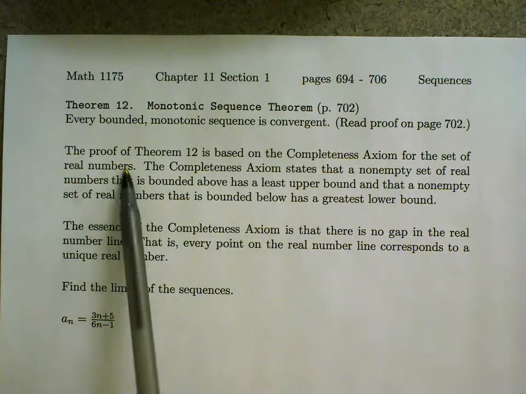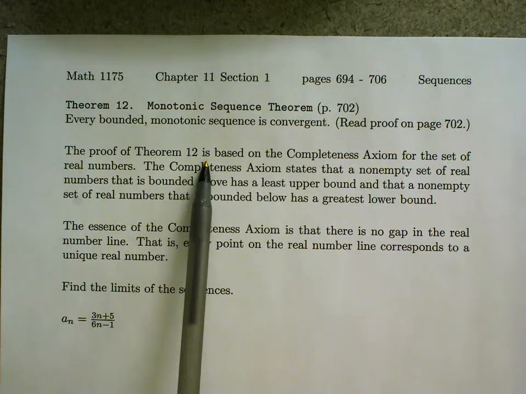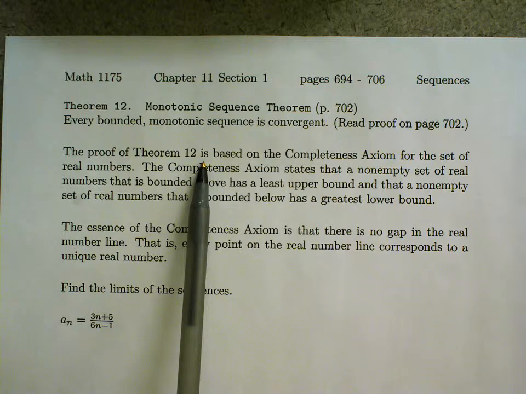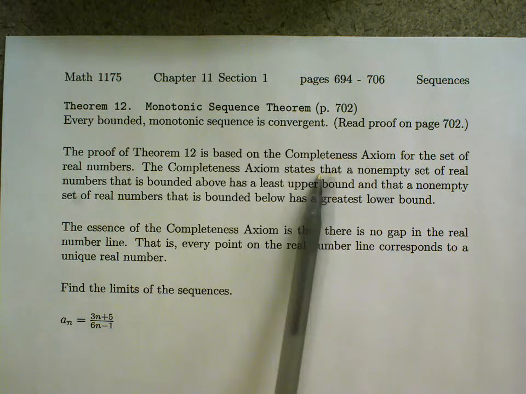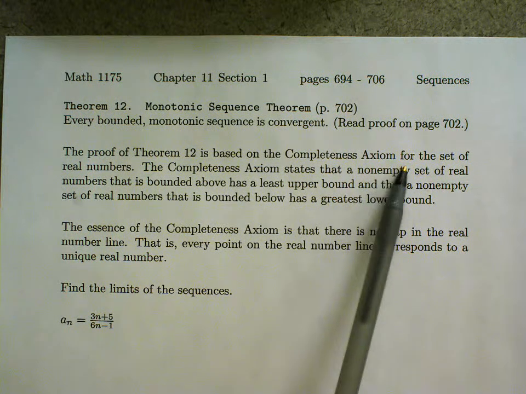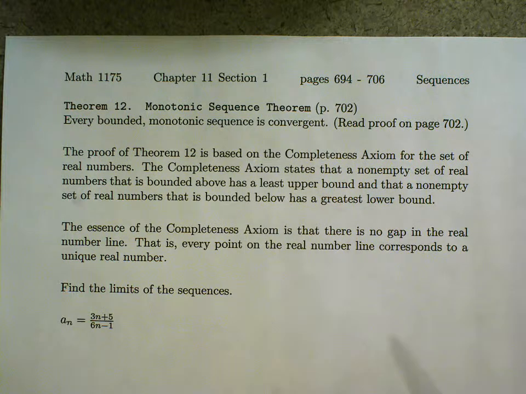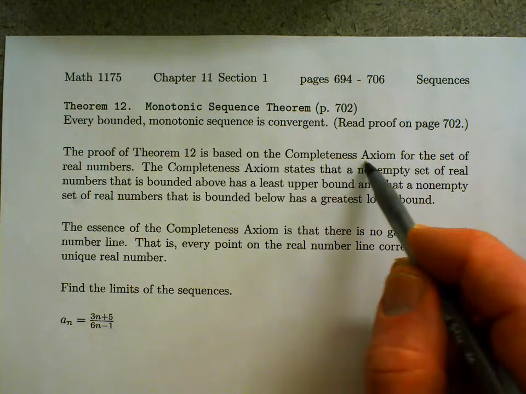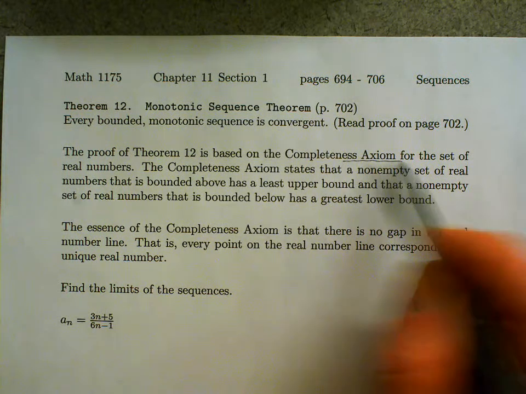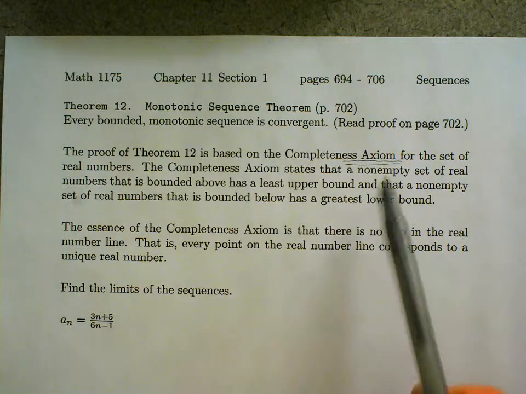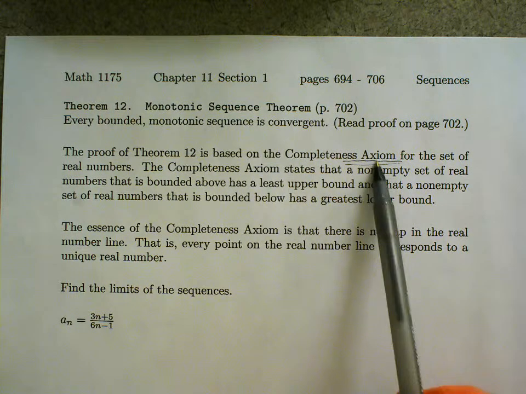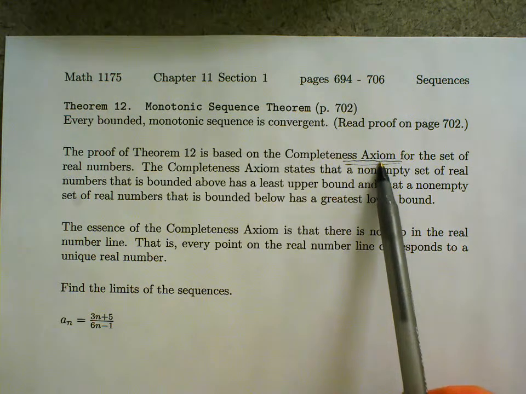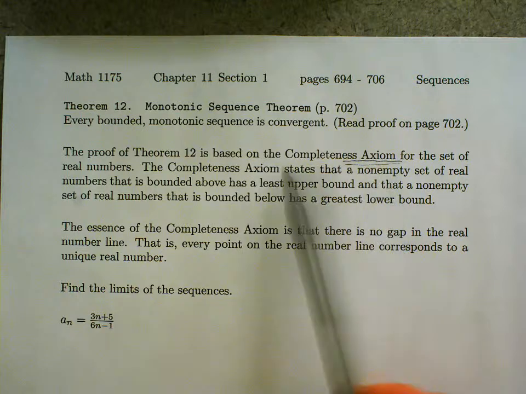The proof of Theorem 12, the monotonic sequence theorem, is based on the completeness axiom for the set of real numbers. So you'll probably remember from a geometry class or something, an axiom is a statement that is accepted without proof.